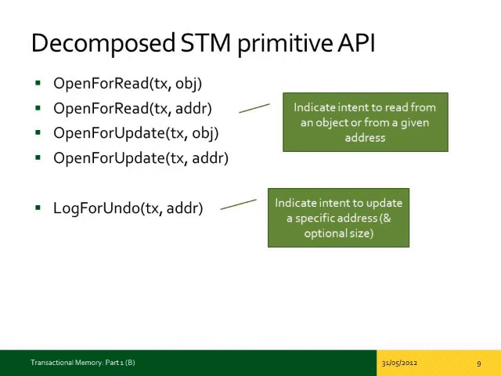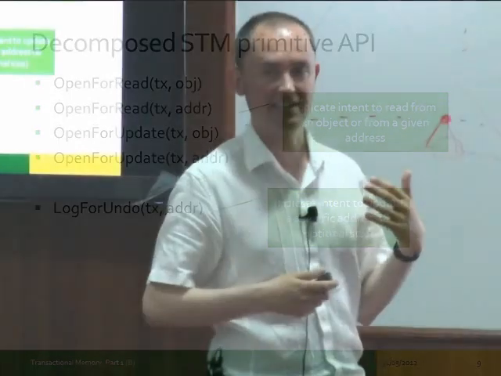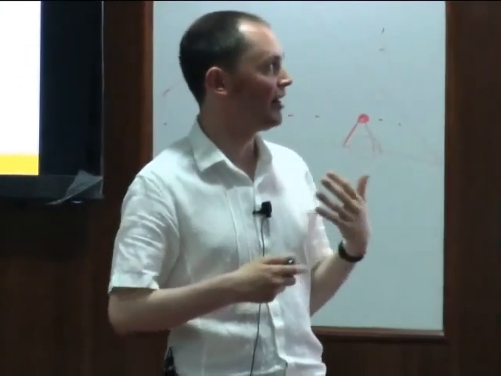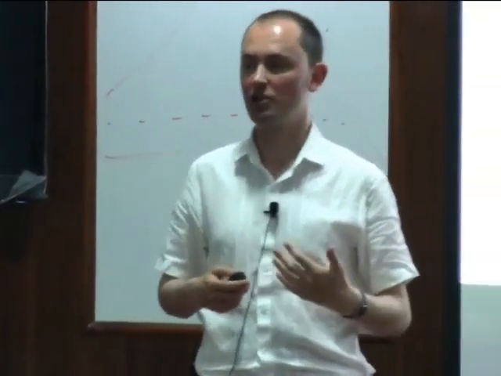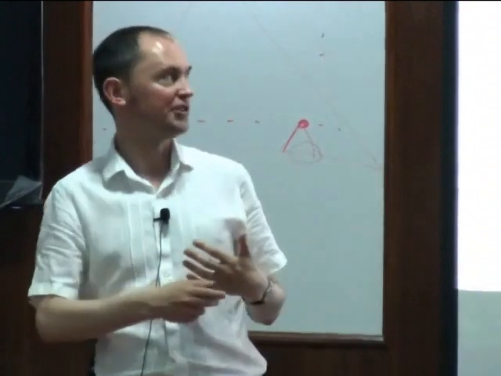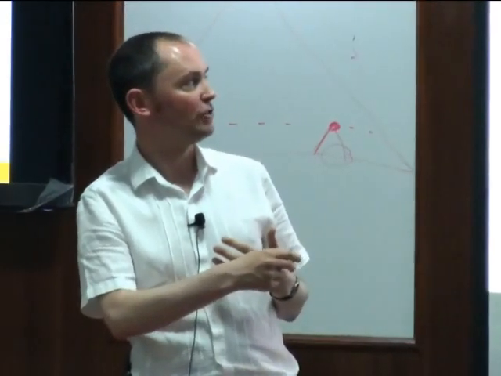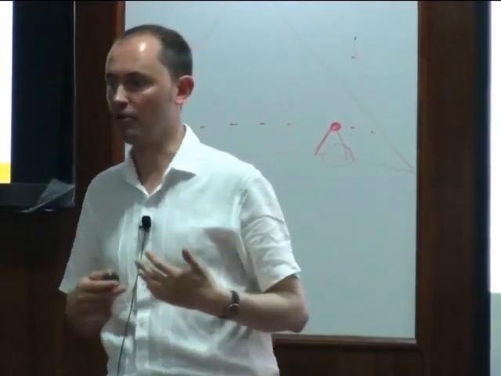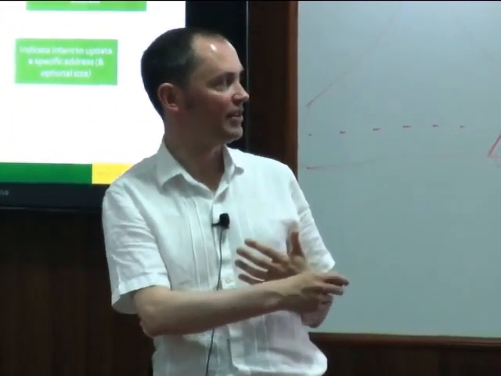So what we developed to try to improve performance is what we call a decomposed STM API, where rather than talking about individual read and write operations, we have operations to indicate our intent to read or write to an object or to give an address, and an operation to record a value that we're about to override.